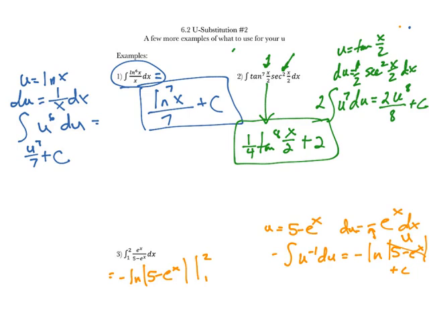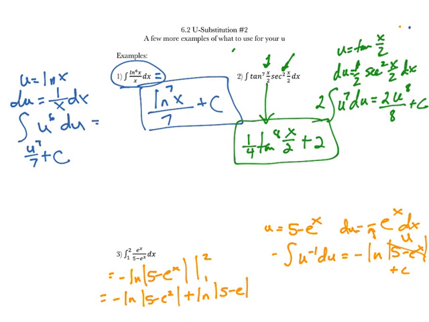Okay? Notice I didn't change my limits of integration over here. I left it in the original problem. I think that's easier. So if I plug in 2, I'd have negative natural log of the absolute value of 5 minus e squared plus, because it's negative, minus, and then minus a negative would be plus, the natural log of the absolute value of 5 minus e.